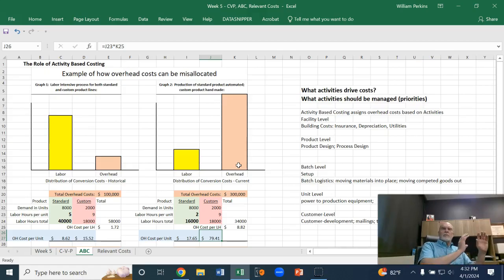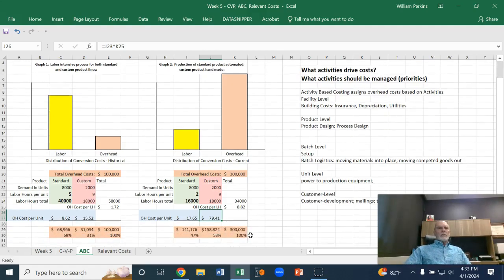However, if we still use the old method of allocating the cost, we're going to assign most of the dollars to the custom product because it's utilizing most of the labor hours. So again, we spent the money on the overhead to produce the standard units, but it's the custom units that get penalized if we continue to assign cost based on the labor hours per unit.